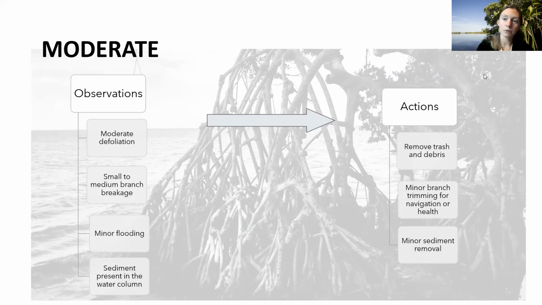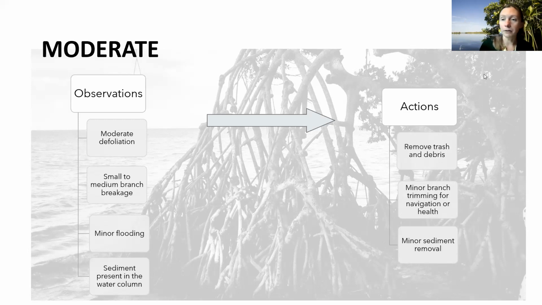So you've got moderate defoliation, not complete defoliation, small to medium branch breakage. So you have some maybe 2-inch branches, 3-inch branches that have broken, fallen down, lots of small branches down. You know that there was some minor flooding, maybe salt water was up on the propagules or the pneumatophores were inundated for a longer period of time. And you notice that there's sediment present in the water column. The turbidity of the water has changed.